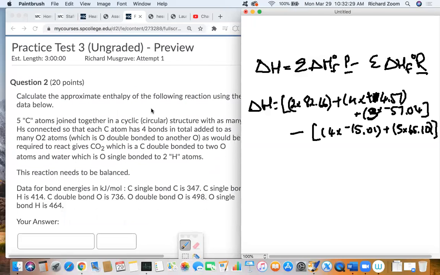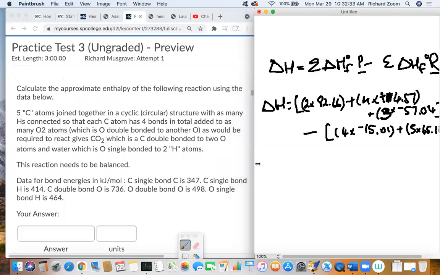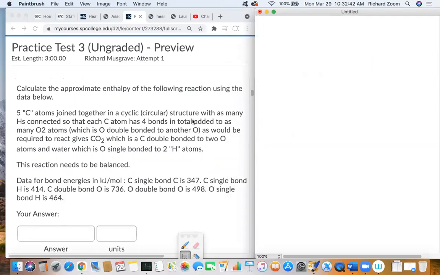Let's look at number 2 here. I know that people don't like this one very much. I like it, but a lot of other people don't. All right. Now this one is the approximate enthalpy, and it's going to be based on bond energies, and the bond energies are here. I'll give you an example.